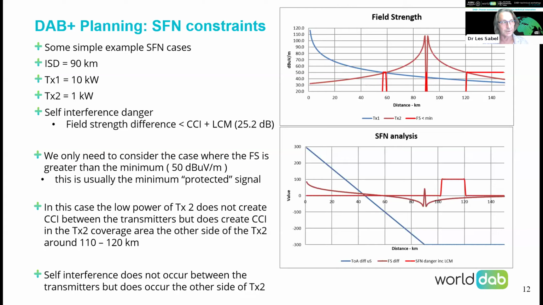Transmitter 1 is on the left side of the graph, transmitter 2 is the peak in the middle, and this little line, the SFN danger including the location correction margin, is on the other side of the transmitter. So what I'm trying to highlight here is it doesn't always happen.